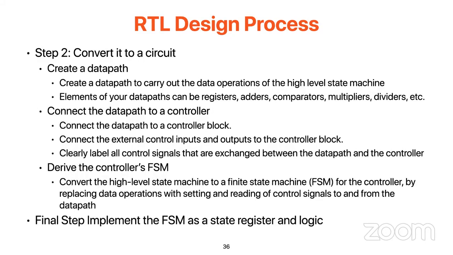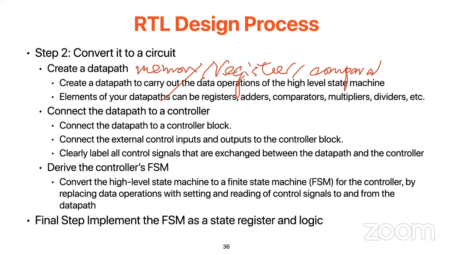To convert the high-level state machine to the circuit, as we said, a high-level state machine is something with local storage. That's why we talk about memory, that's why we talk about registers. So for the data path components, you need memory, registers, and we have arithmetic operations. So you need those comparators, which we also talked about in the past.